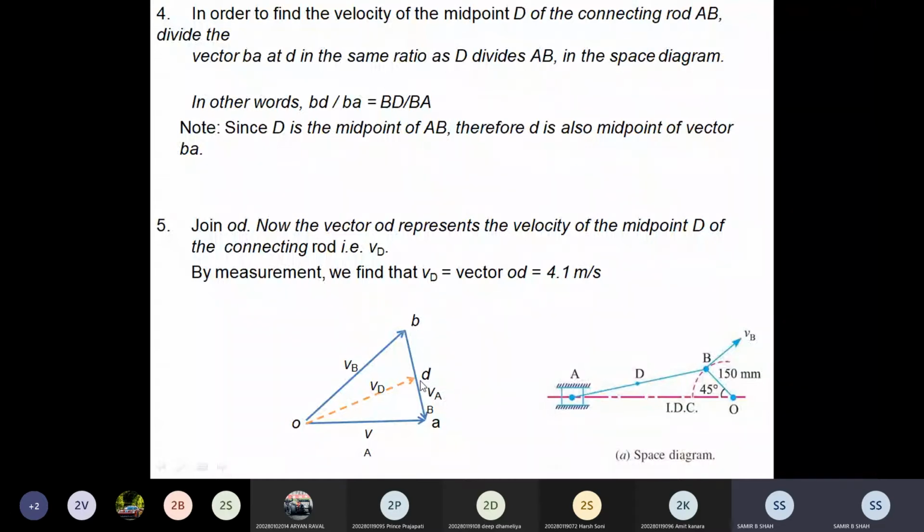Based on that, we find the answer, and then we join it with the initial point with the dotted line. So this is the velocity diagram, and suppose we have to find the angular velocity of this link, then we have the equation V is equal to R into omega. So omega is equal to V by R, where V is the velocity in meter per second and R is the link length in meter.